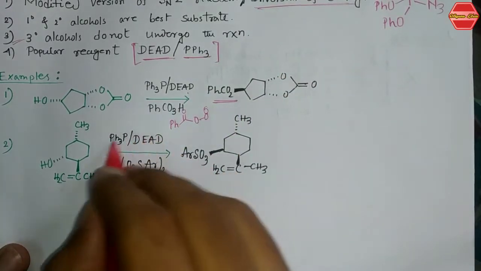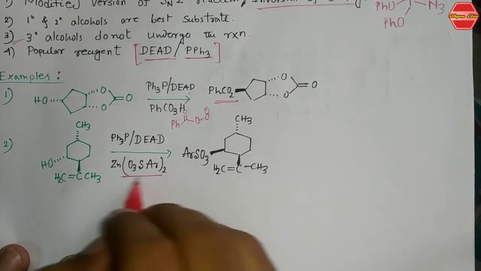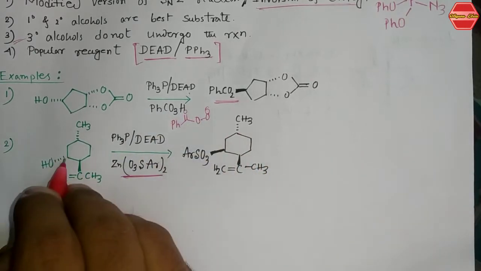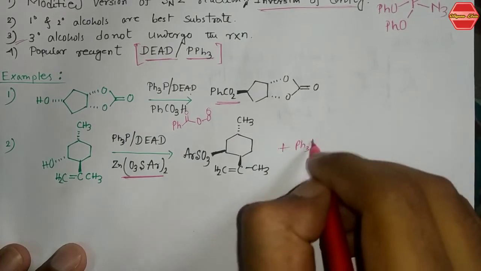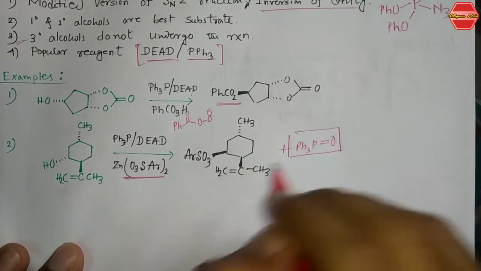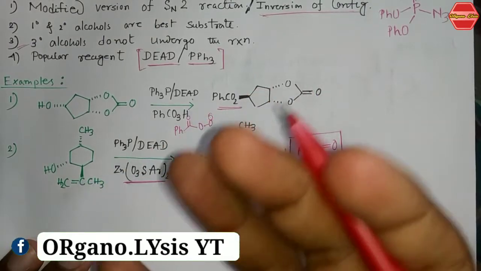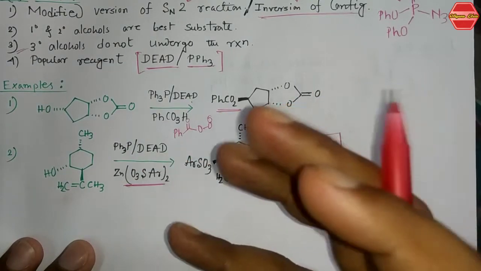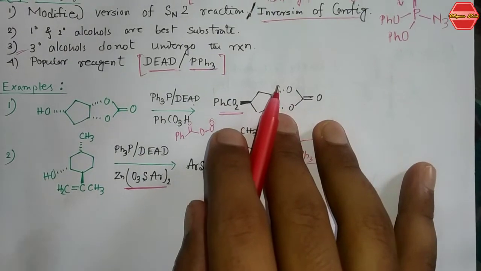When you are using the same kind of reagent, and this is our nucleophile, this ArSO3 minus will attack this center and remove this group along with this Ph3P double bond O. This facilitates the reaction just because you have to convert this OH into a very good leaving group. So this is a very good leaving group, and that is why this overall reaction takes place. So this is the driving force for this reaction.